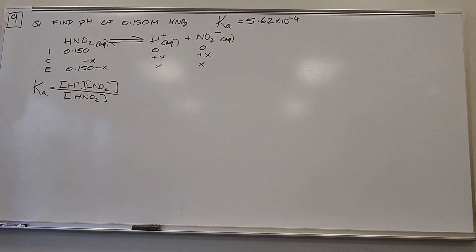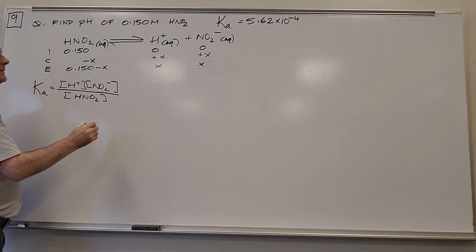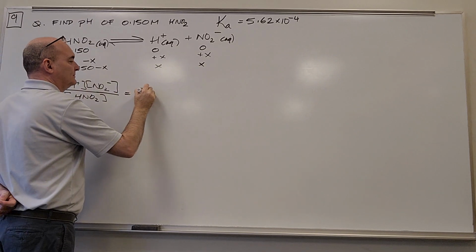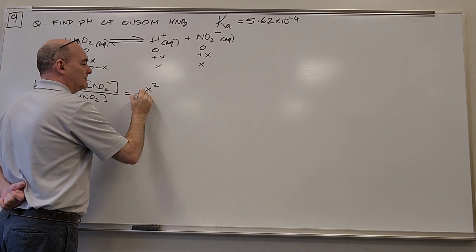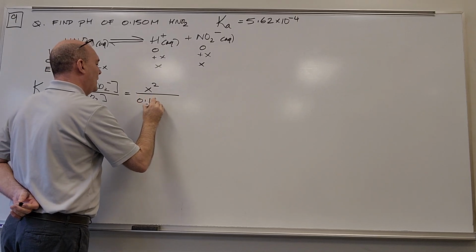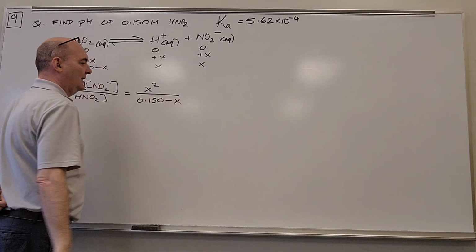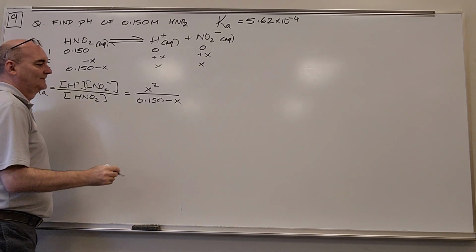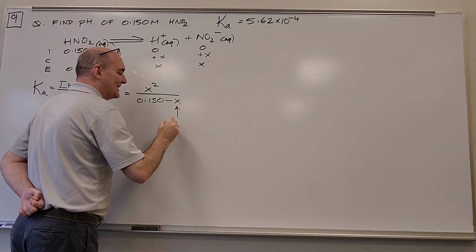We've done this one. Okay. Which is x times x divided by 0.15 minus x. And now I have to ask, does this matter?